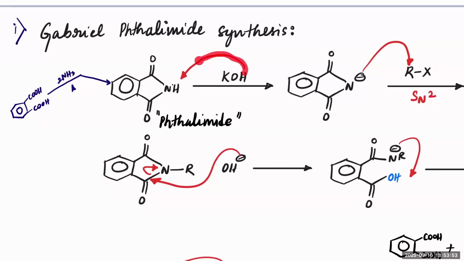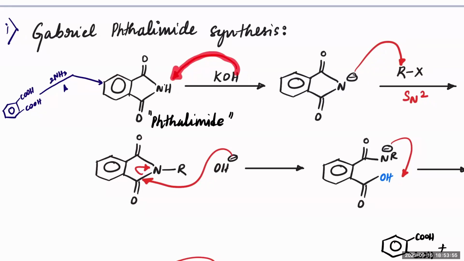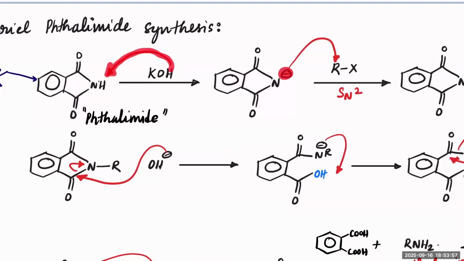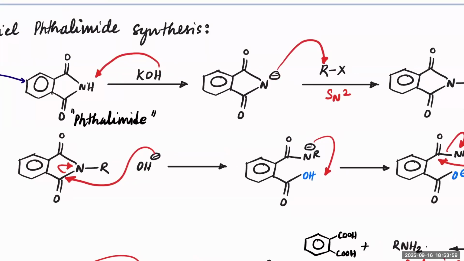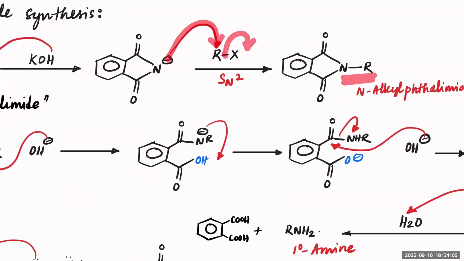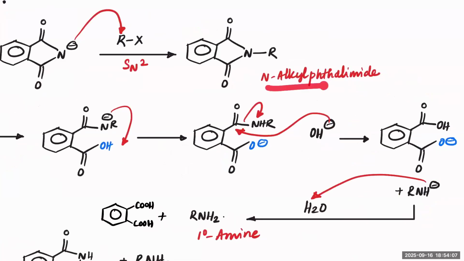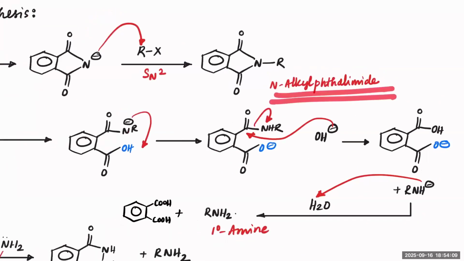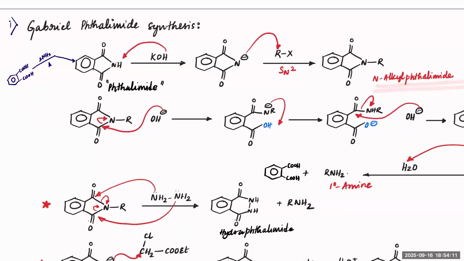When you react that with OH minus, it can extract H plus and generate a negative charge on nitrogen. This is a nucleophile which will attack alkyl halides, removing this X, thus giving an alkyl-substituted phthalimide. Thereafter, as you push more base into it, OH minus can attack, and this carbon-nitrogen bond can break.